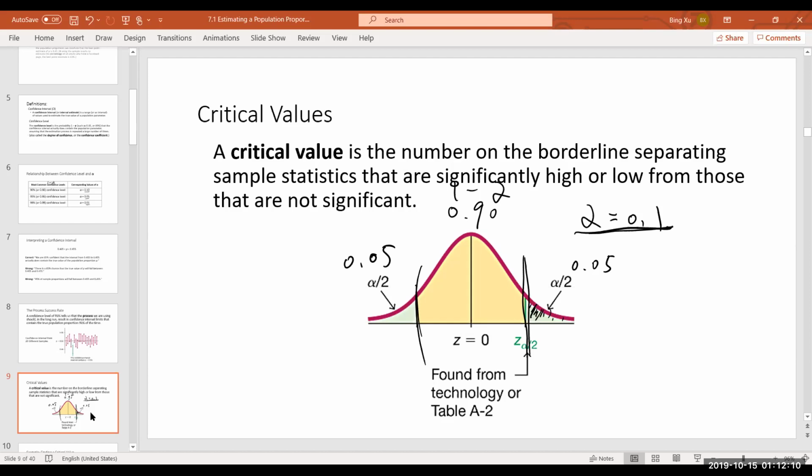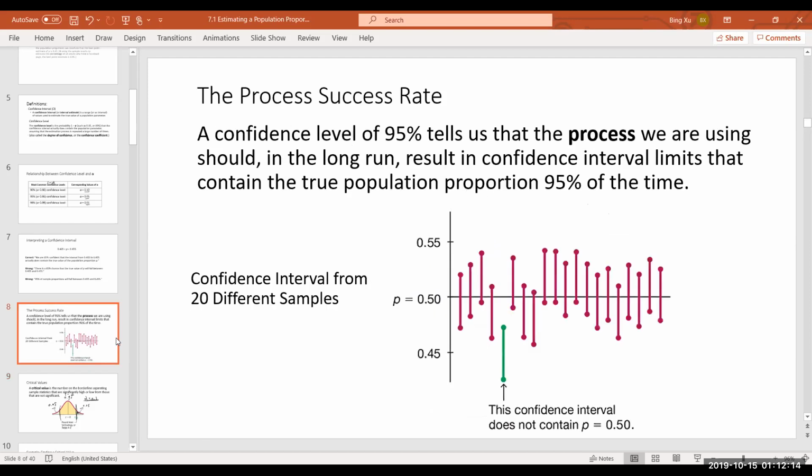So if you look at this slide, it says the confidence level of 95%, meaning 95% of your samples will include the actual proportion.